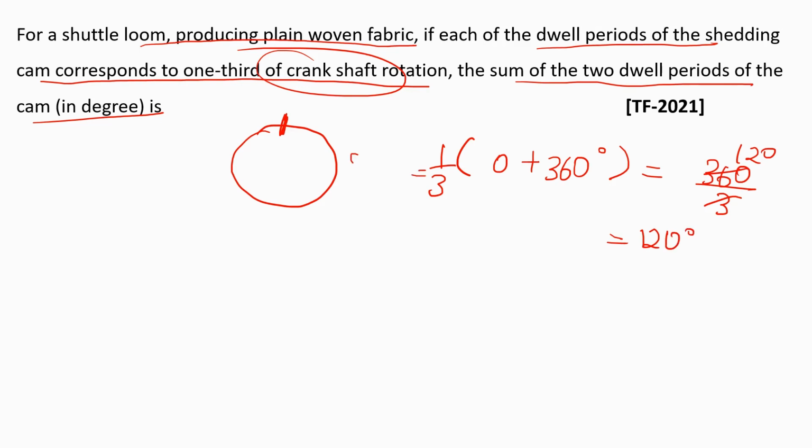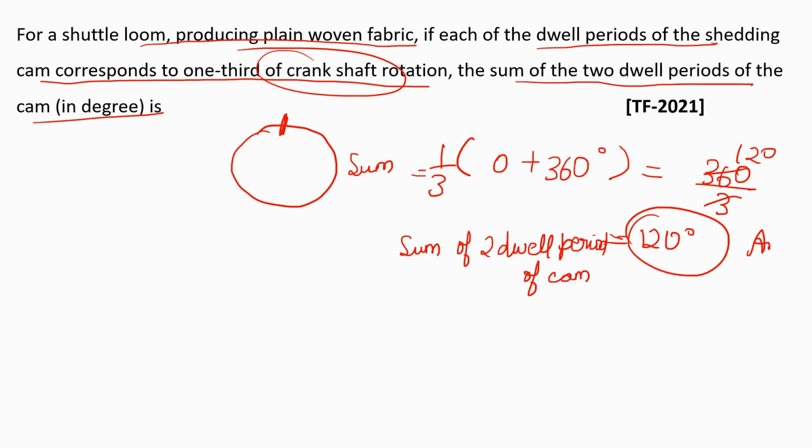So the sum of two dwell periods of the cam comes out to be 120 degree.